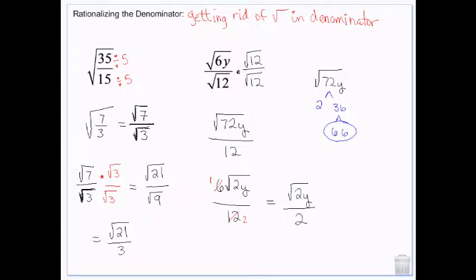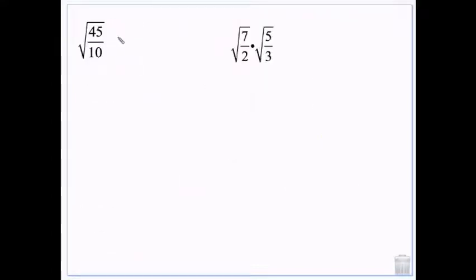45 tenths, do you want to reduce it first or second? Reduce. Okay, so these will both divide by what? Yeah, these will both divide by 5. So that gives me 9 halves. So that's the square root of 9 over the square root of 2. And the square root of 9 is 3. And so that looks like it would be pretty, right?